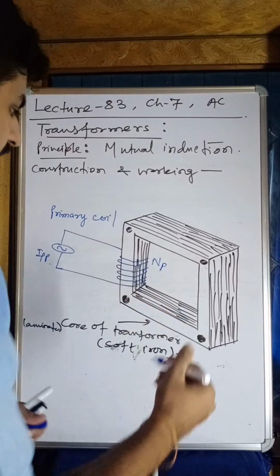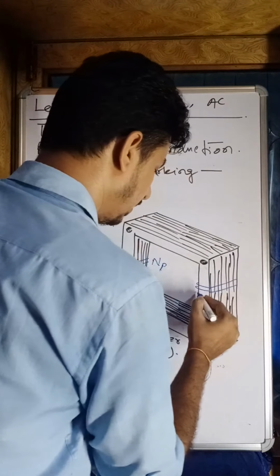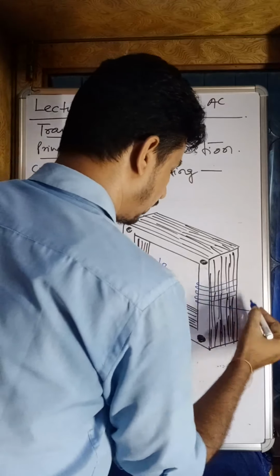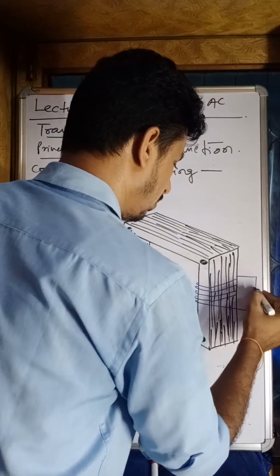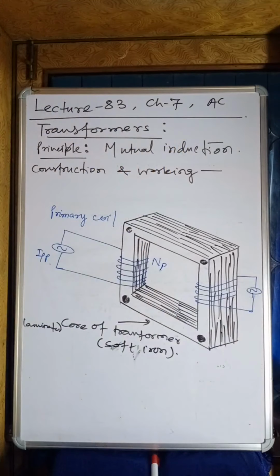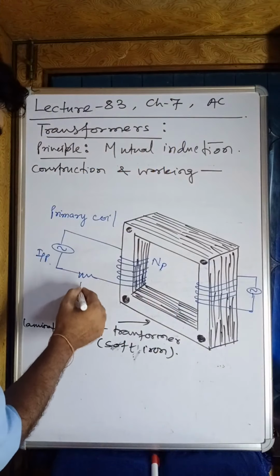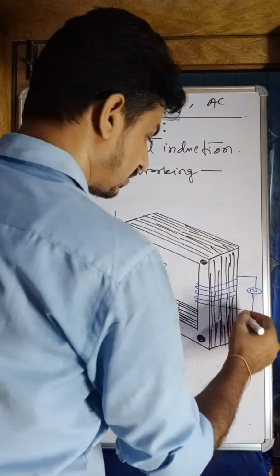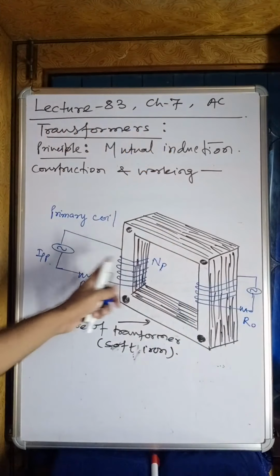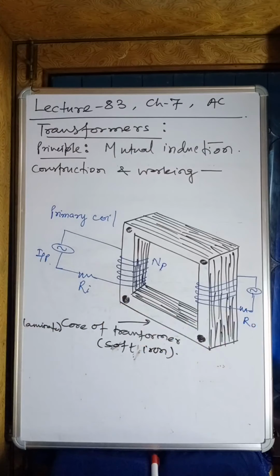Here there will be another turn of a different number. We will study when it will be increased and when it will be decreased. But this is the output segment. You can also study its resistance as R input, its resistance as R output. We know that if this is a wire, of course it should have some resistance, so it can be written as RI, RO.